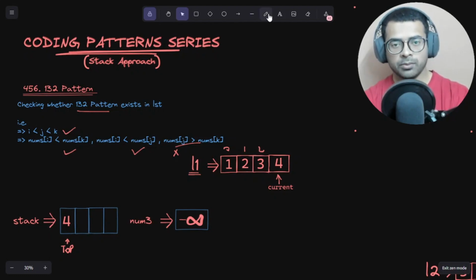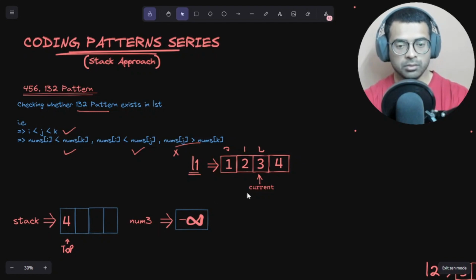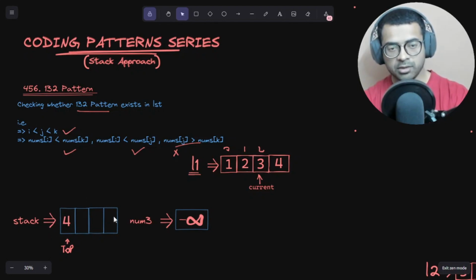Now we are going to move our current pointer to 3. Remember that we started our main traversal from the very end. Now at second index we have found 3. We are again going to check whether 3 is greater than num3. If yes, we will move forward and check whether our stack is empty or not.